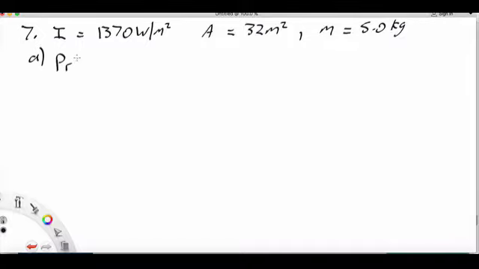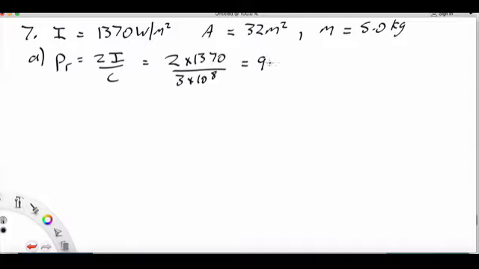Now, firstly, the pressure is 2I over c if it's reflecting, so that is 2 times 1370 over 3 by 10 to the 8 gives us 9.1 by 10 to the minus 6, and the units for pressure, of course, since it's a force over an area, are newtons per square metre.